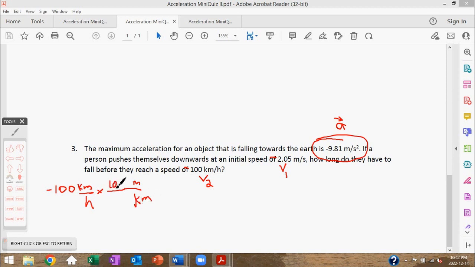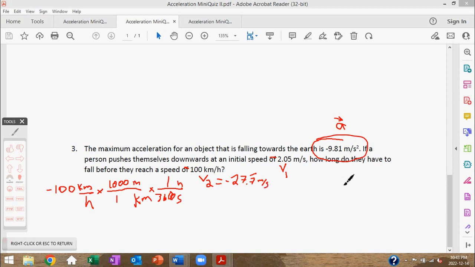There are 1,000 meters in 1 kilometer. And we want to get rid of hours, so put them on the top, and we want seconds on the bottom. 1 hour is 3,600 seconds. And of course, we do all of the math here, and we end up with our V2 equaling negative 27.7 repeating meters per second.